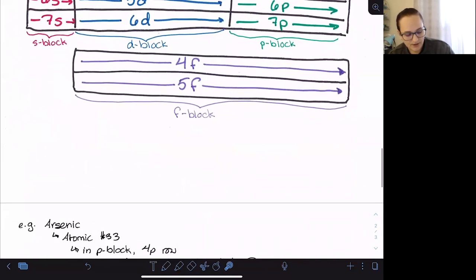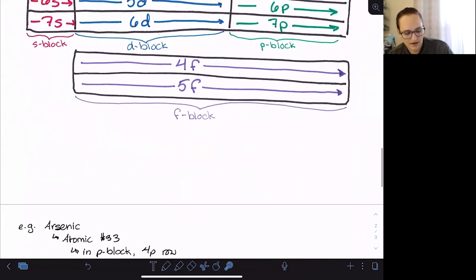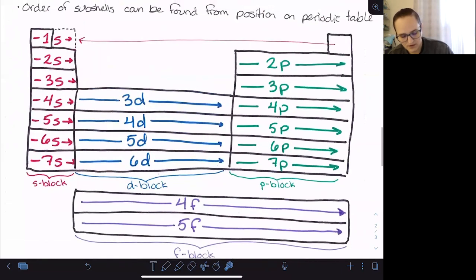So it is in the p block in the n equals 4 row. So arsenic is right about here on the periodic table. So that means everything up until arsenic is going to be filled. In our s block here, the first shell that contains an s subshell is the n equals 1.